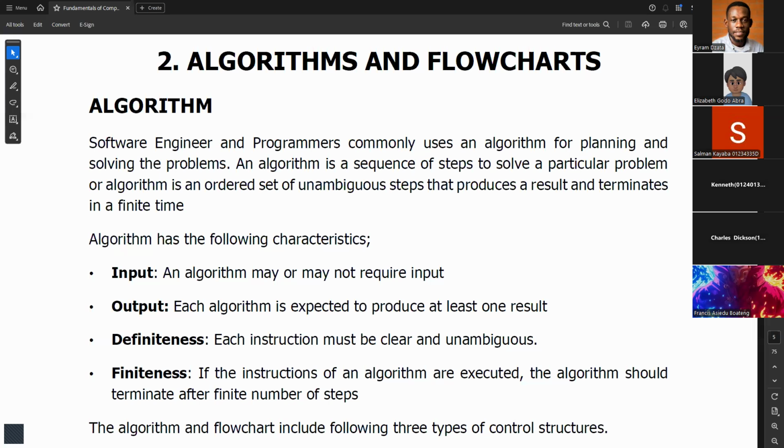Now, one thing about algorithms is that they are independent of programming languages. So it doesn't depend on your knowledge of a programming language to be able to come up with an algorithm for a problem.